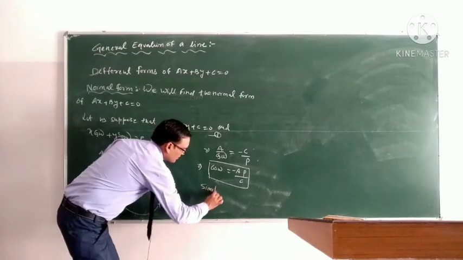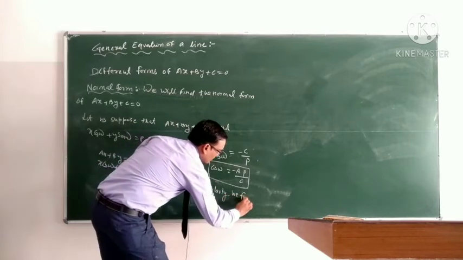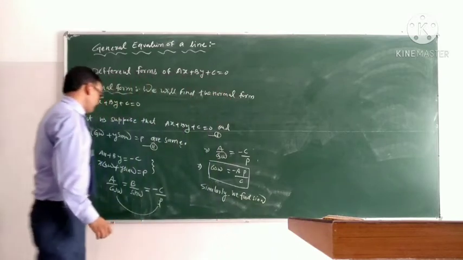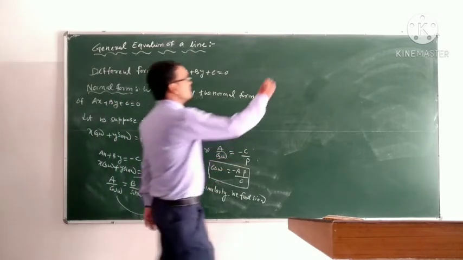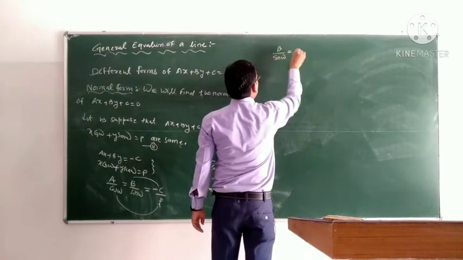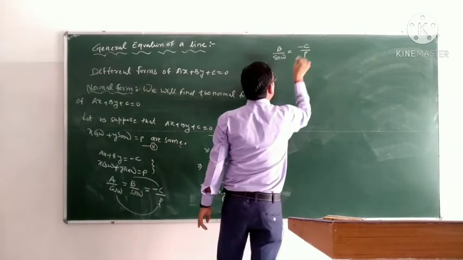Similarly we find sin omega. For sin omega, we take two parts, b upon sin omega is equal to minus c upon p.